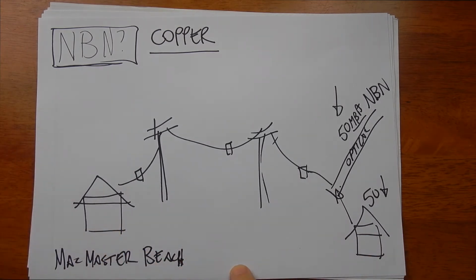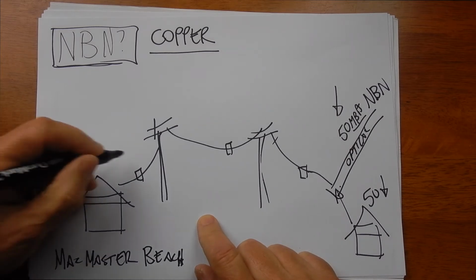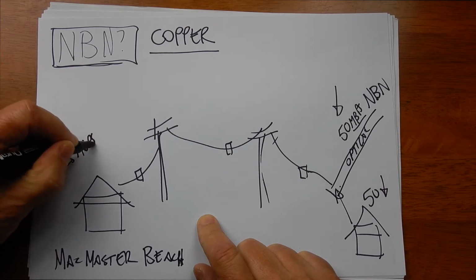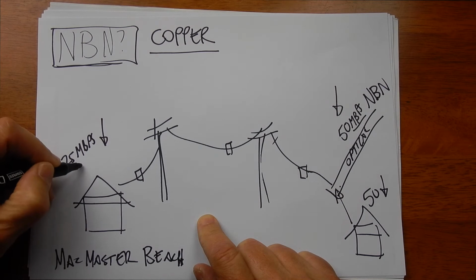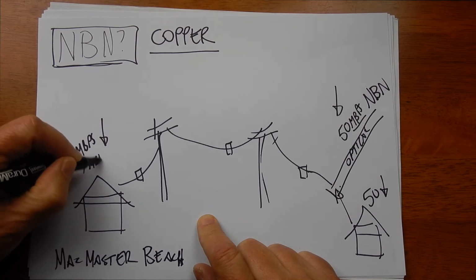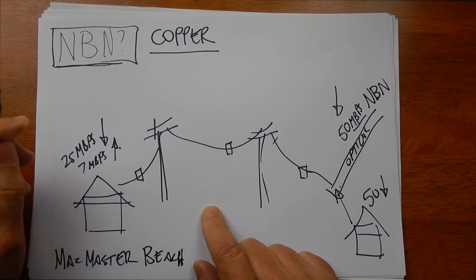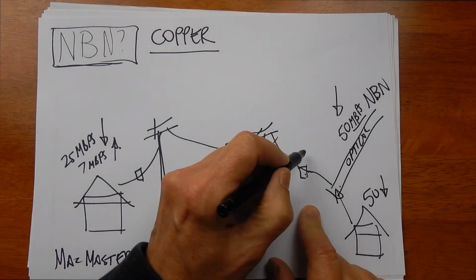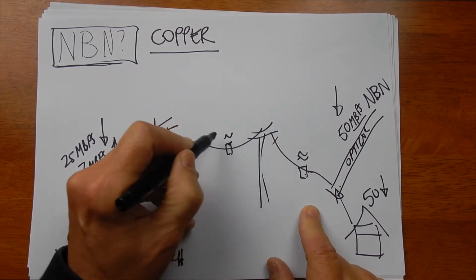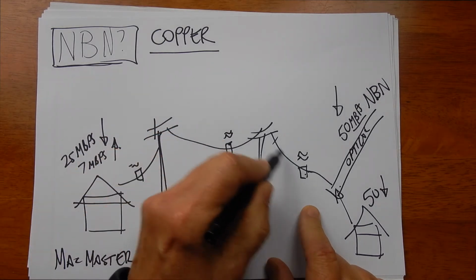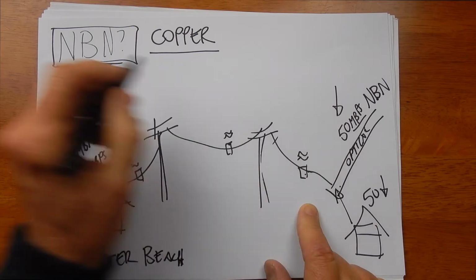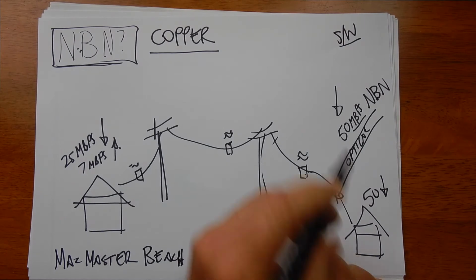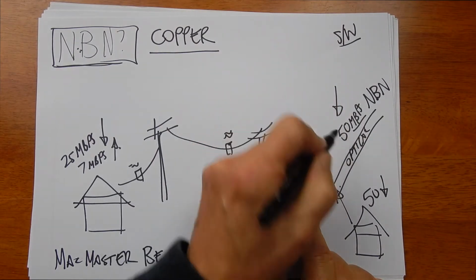Now, what I've been experiencing is that when those connections are good, I'm getting about 25 megabits per second download and around 7 megabits per second upload. What I found out is that if any of these connections are not so good and the resistance increases across those connections in some way, or resistance increases in the copper wire, then NBN, their software does a calculation or does something and will automatically switch down the service to the lowest amount.